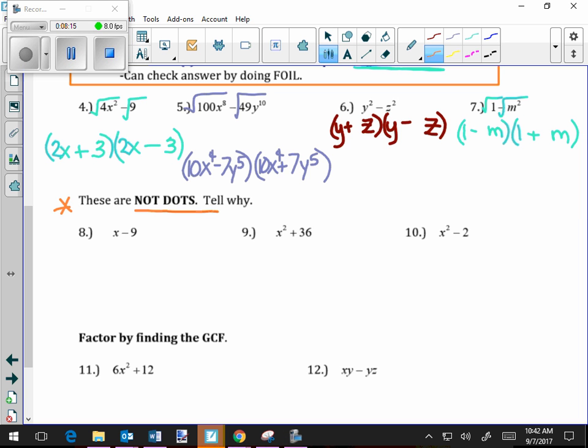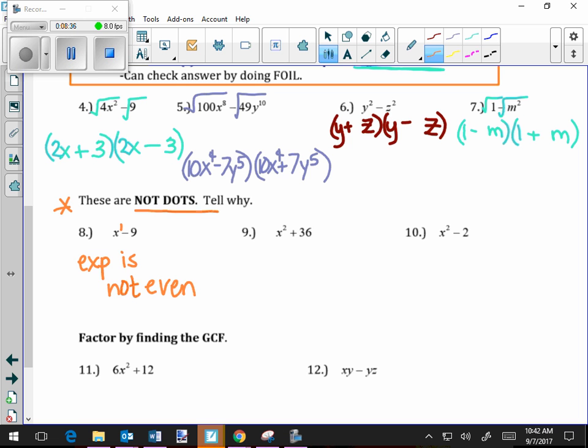In question number 8, this is not a DOTS question because the x has an odd exponent on it. That doesn't work. So for my reason on why this doesn't work, I'm going to put that it's because the exponent is not even. It has to be even in order for it to work.